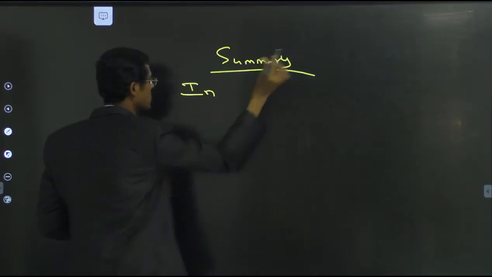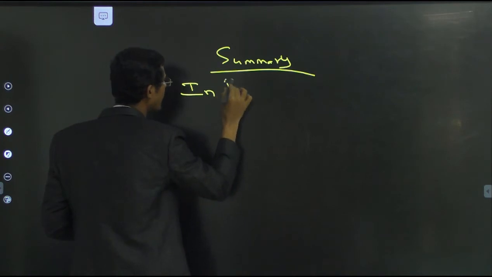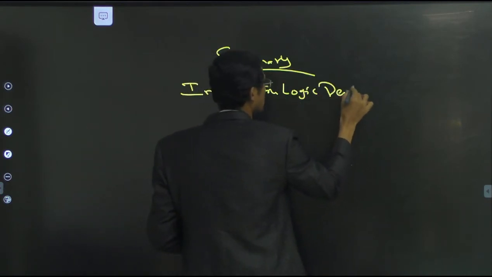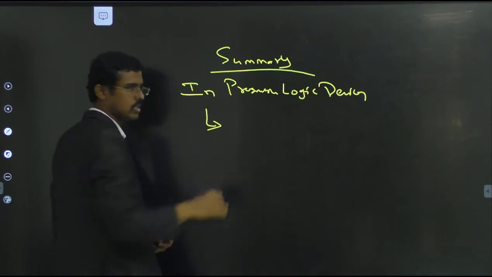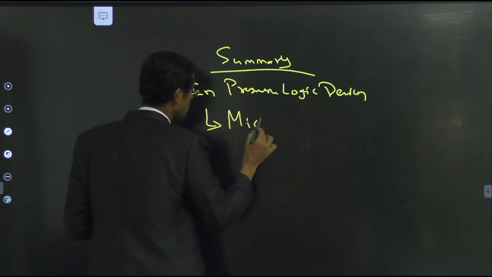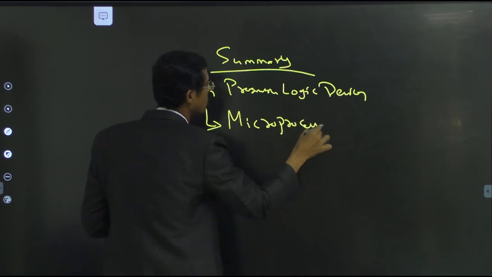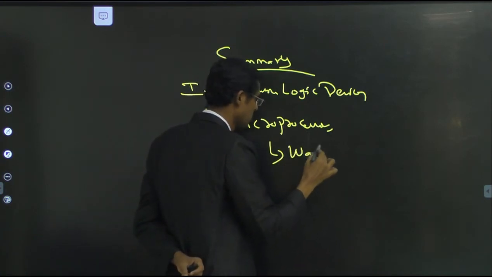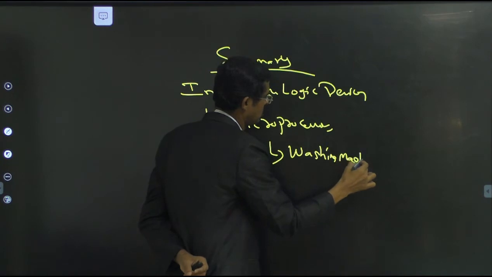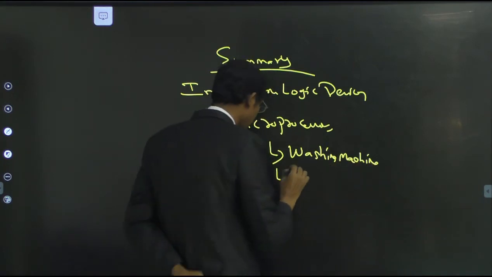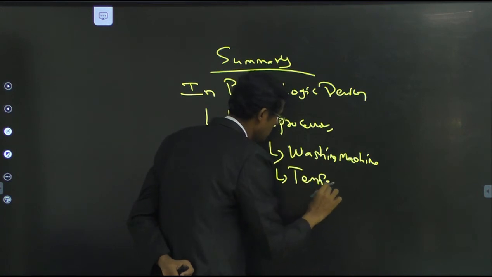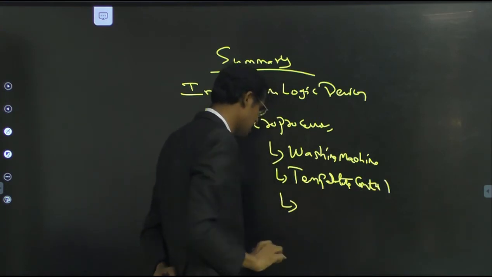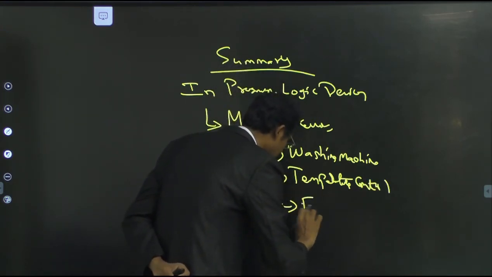In programmable logic devices, we have started to see about the microprocessor, and in this we have seen some examples: a washing machine, temperature control, and an automatic focus camera.